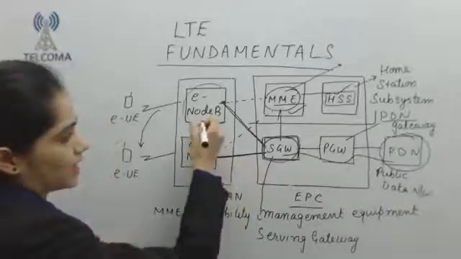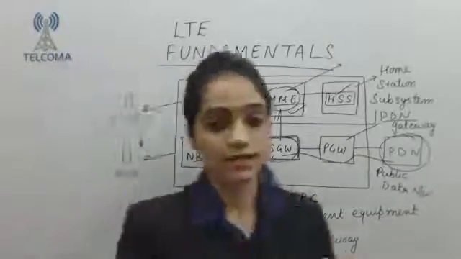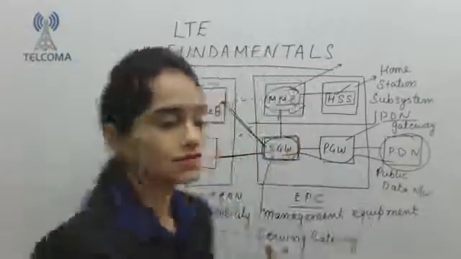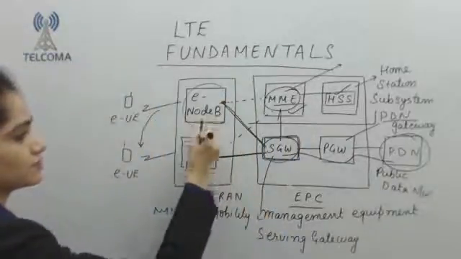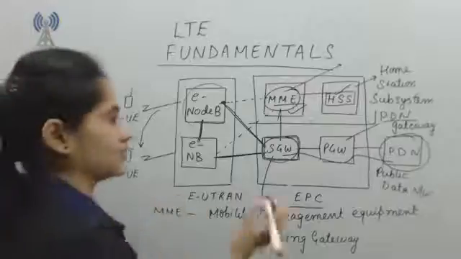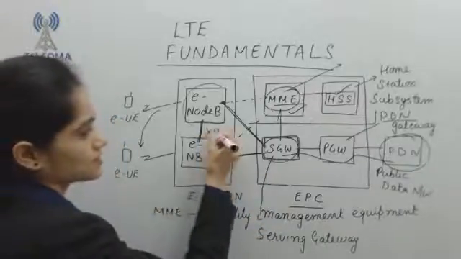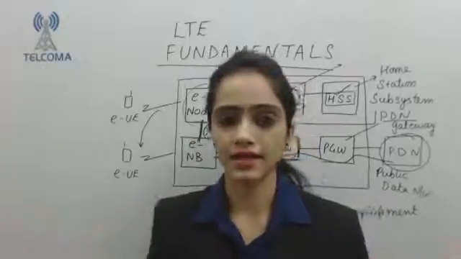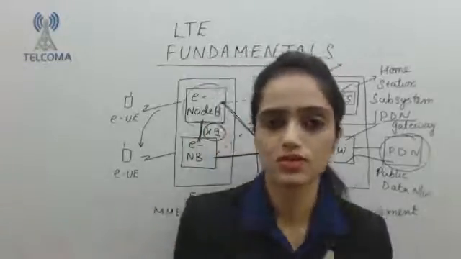Now, eNode B for handover, as I told you, can give a handover to another eNode B. So there should be an interface between two eNode Bs. The interface between two eNode Bs is the X2 interface.